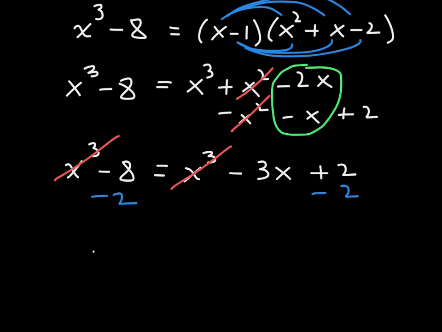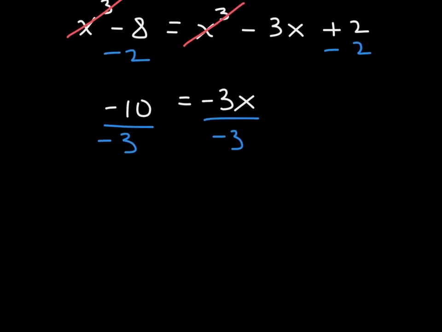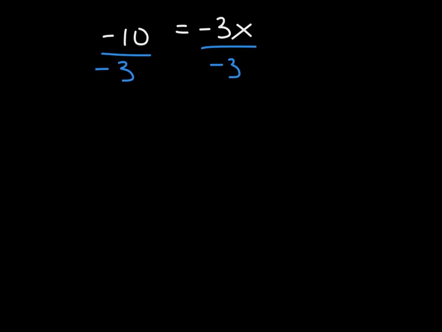So this is going to be negative 10 is equal to negative 3x. Finally, just divide both sides by negative 3, and you get that x is equal to positive 10/3.